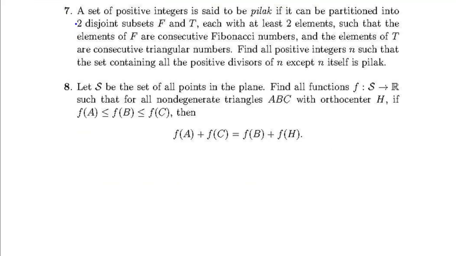Let's solve problem number 7 of PMO 2023 national level. It says a set of positive integers is said to be PLAC if it can be partitioned into two disjoint subsets F and T, each with at least 2 elements, such that the elements of F are consecutive Fibonacci numbers and the elements of T are consecutive triangular numbers.